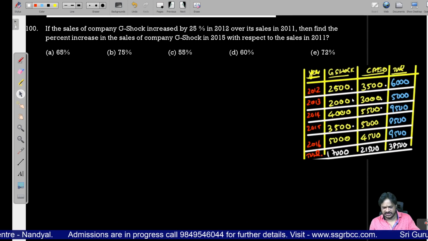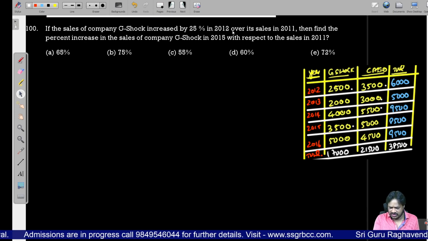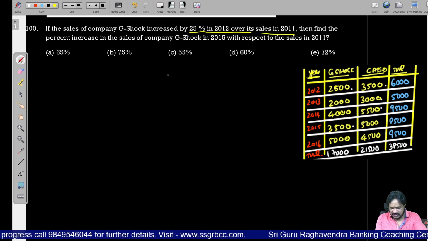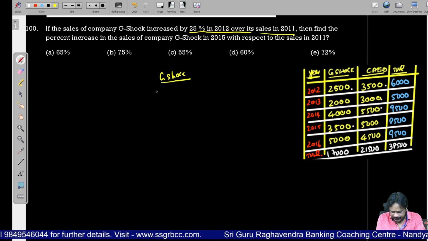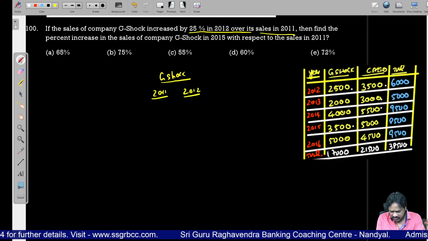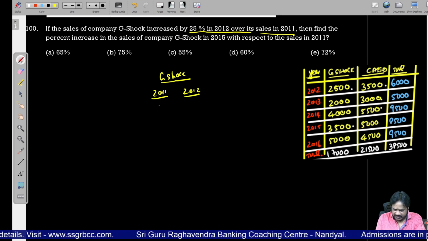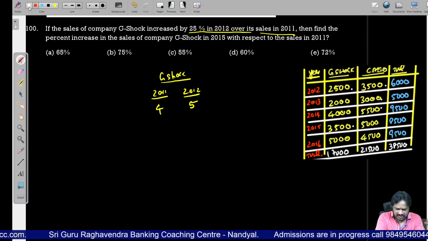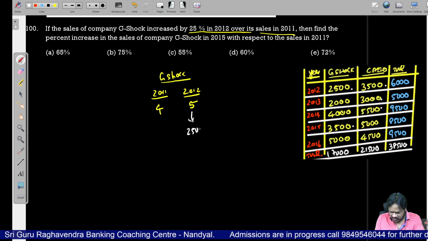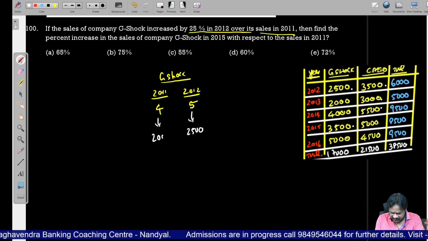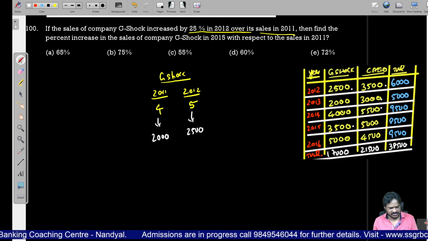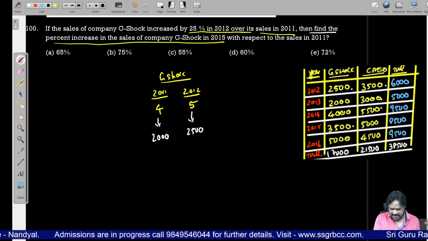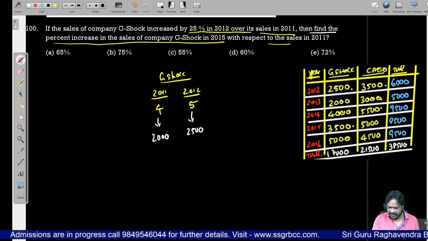If the sales of G-Shock is increased by 25% in 2012 over 2011. So increase by 25% means this will be 5 parts, this will be 4 parts. In 2012 it is given 2,500. That means in 2011 it will be 2,000. That is about G-Shock value. Then find the percentage increase in the sales of G-Shock in 15 with respect to 11.